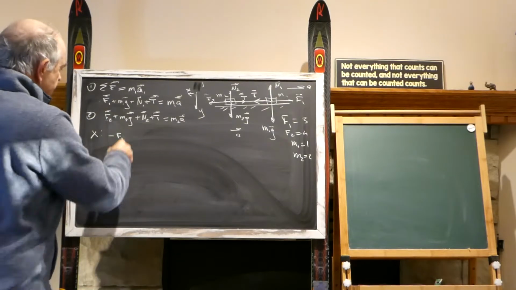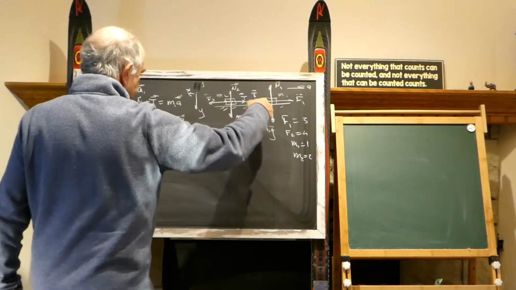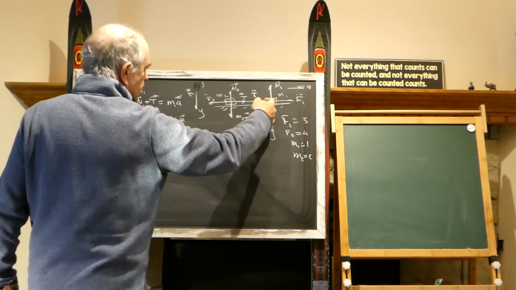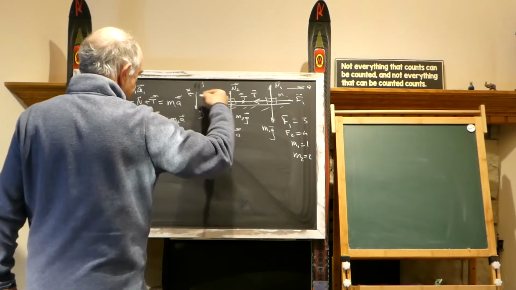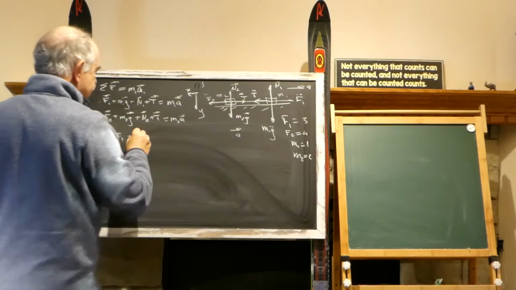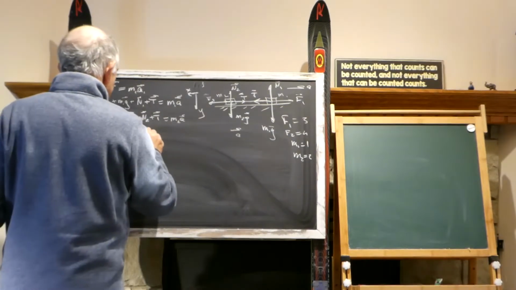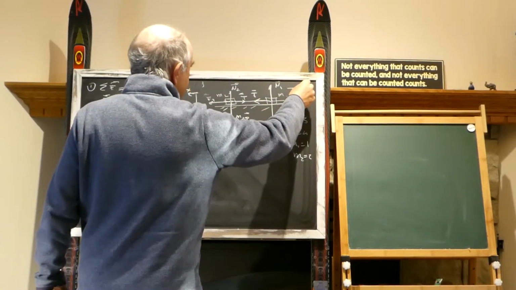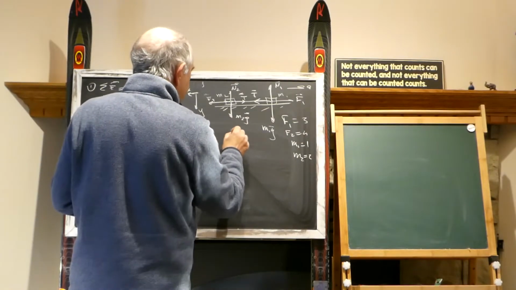M1G, I'm not writing them already, those are perpendicular, so they're not in the x equation. Looking at this body, this is T, and it looks in the positive direction of x. So minus F1 plus T equals, and let's assume that A is actually that way.